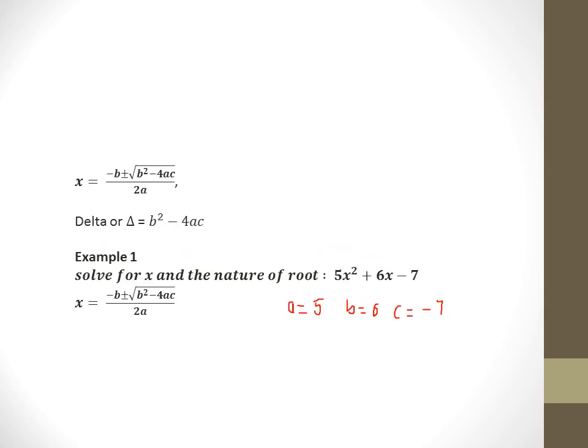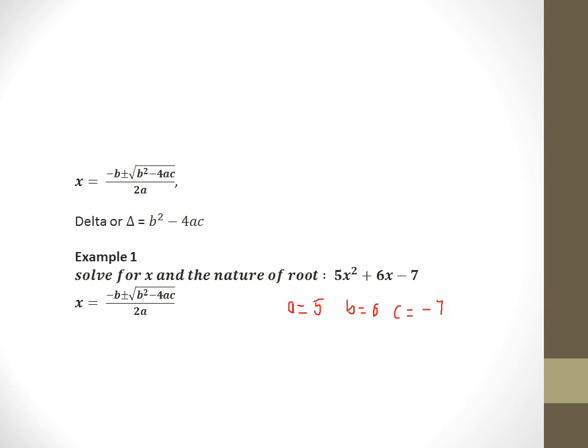So when solving the values of x, please use the quadratic formula. You remember the quadratic formula? We said x is equal to -b plus or minus square root of b squared minus 4ac all divided by 2a.